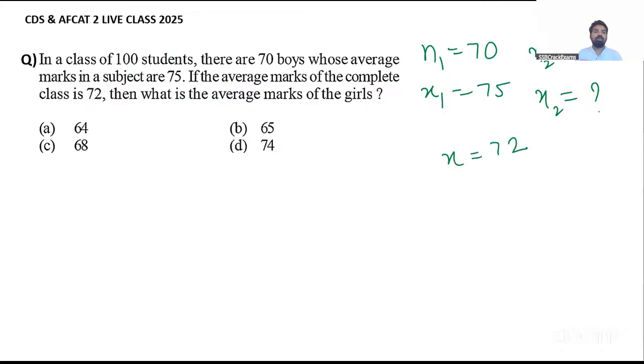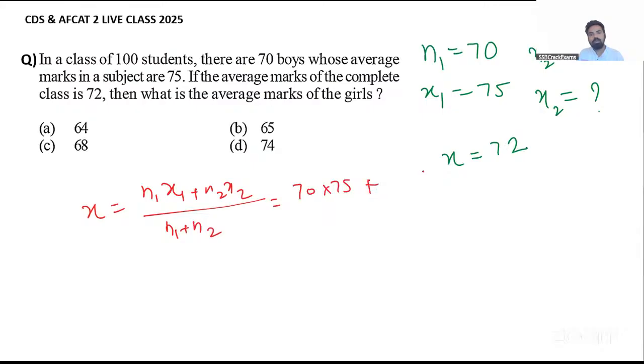Then clearly we need to apply the second formula, which says that x bar is equal to n1 x1 plus n2 x2 upon n1 plus n2. n1 x1 is equal to 70 into 75 plus n2 is 30, x2 we do not know, upon n1 plus n2, which is 100. So x bar is 72.